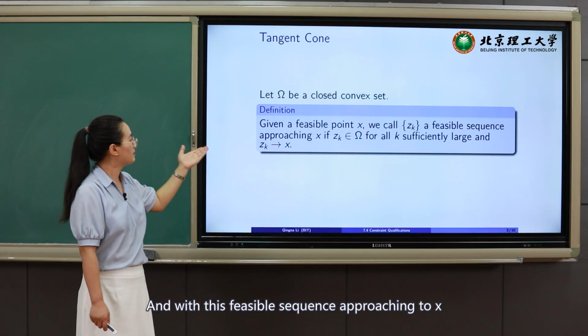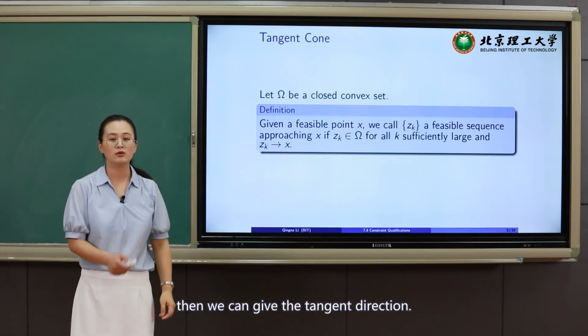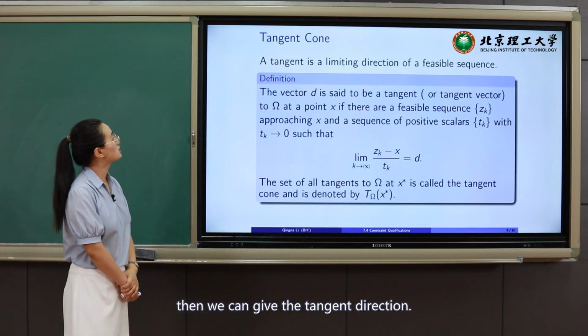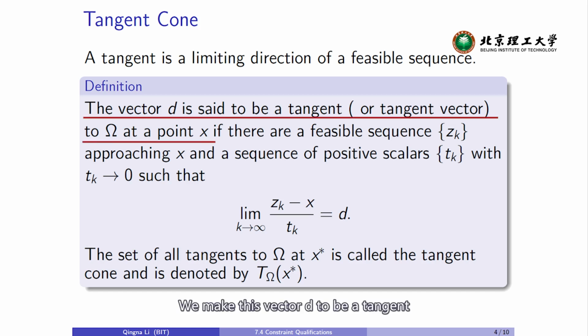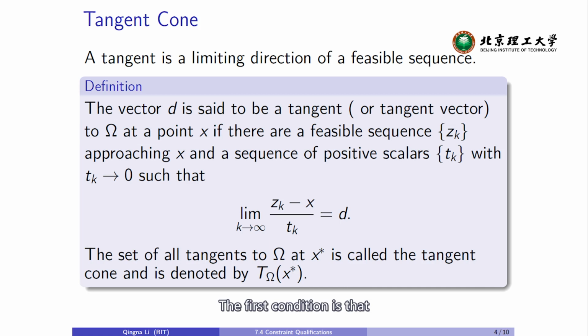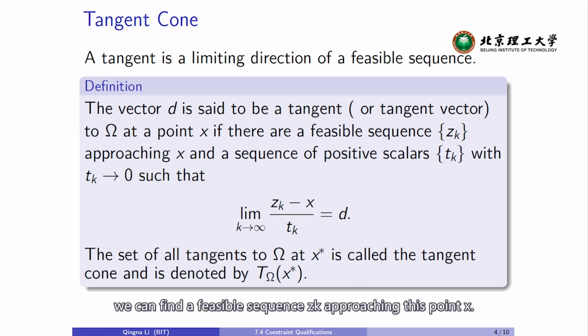With this feasible sequence approaching x, we can give the tangent direction. So what is a tangent direction? It is defined as follows. We say that this vector d is a tangent vector to a set omega at point x if the following conditions hold. The first condition is that we can find a feasible sequence zk approaching this point x.